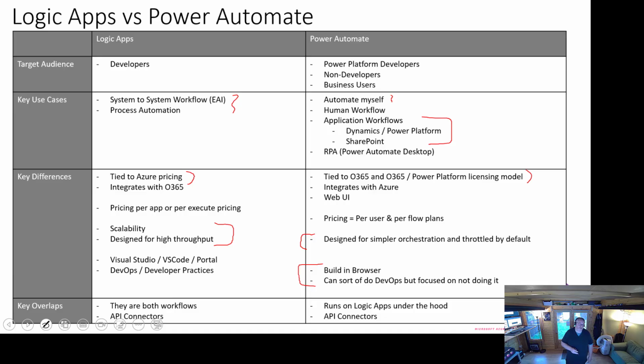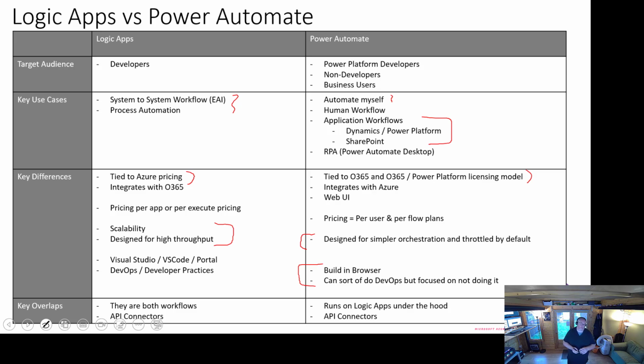With Logic Apps, the DevOps experience, there is a little bit of a learning curve to learn how to do it, but Logic Apps are really just either consumption ones are part of an ARM template. Logic Apps Standard is effectively a function app running in the cloud.